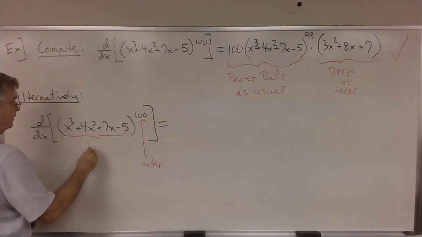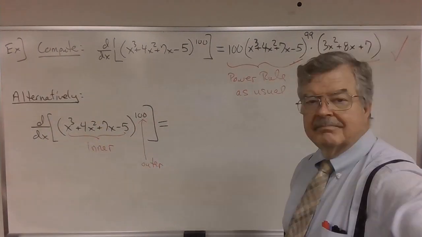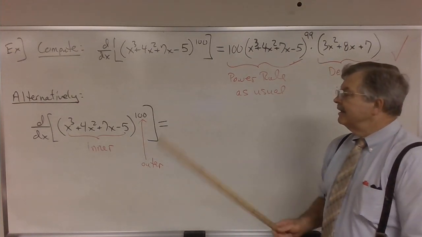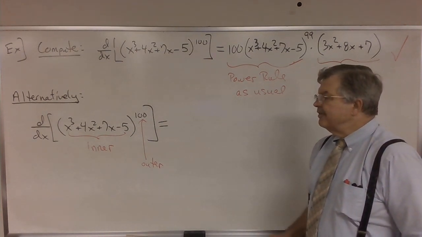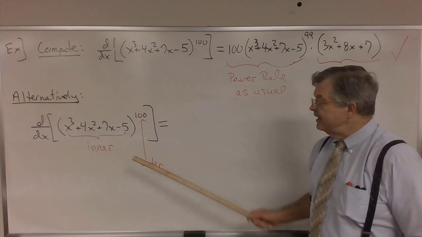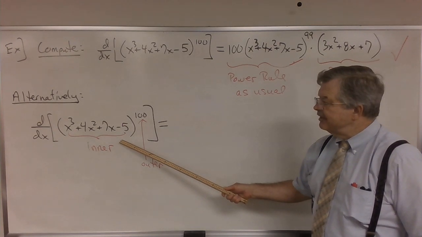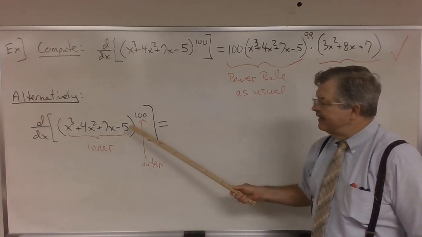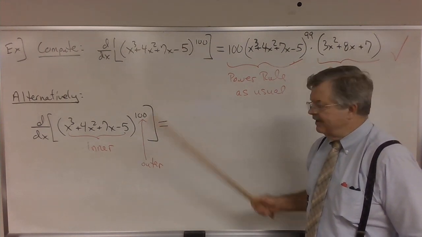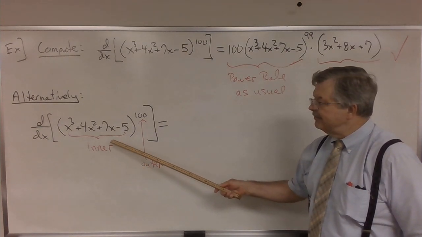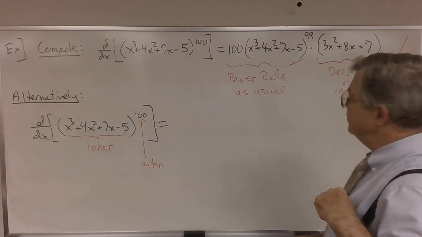And this polynomial is the inner function. Here's the alternative way of looking at that. It's the derivative of a composite function, a function raised to a power. And the raising of x cubed plus 4x squared plus 7x minus 5 to the 100th power. The raising of something to the 100th power is the outer function. The inner function is the function that's raised to the power. So let's see what we should have here.